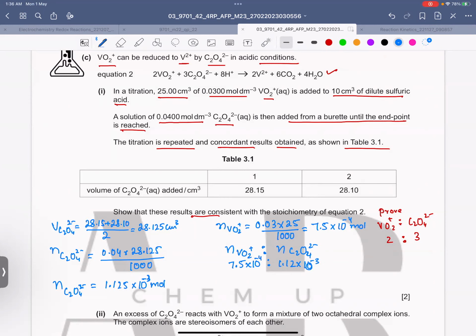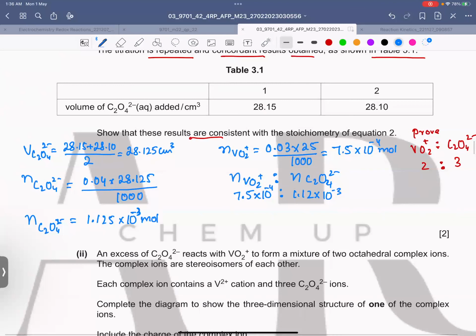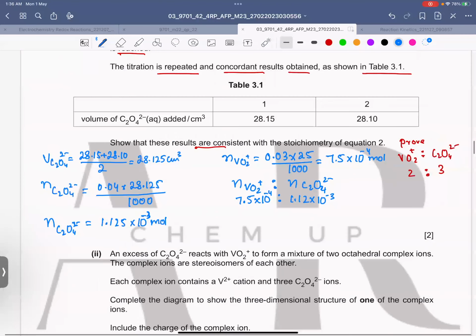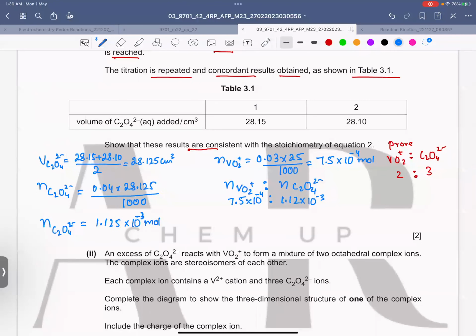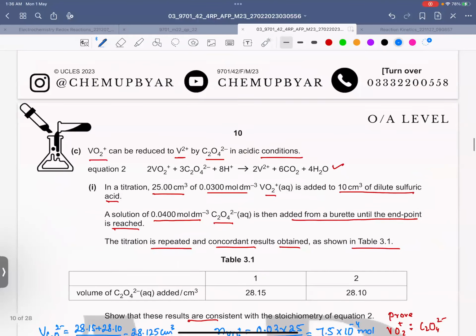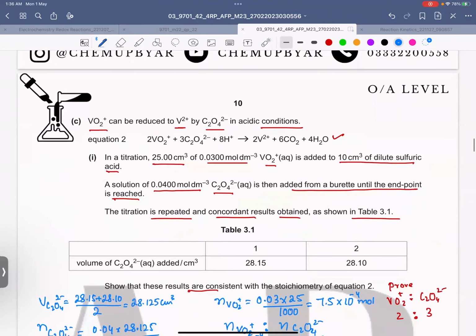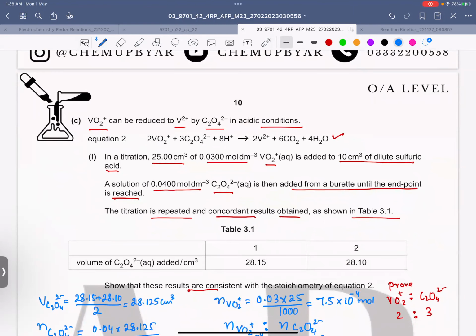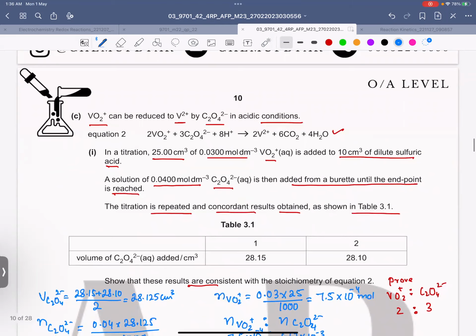First tell me, is this clear to everybody till this step? Yes, sir. Just one question: would the volume of dilute acid affect the volume of the VO2? No, it doesn't affect the volume of VO2.